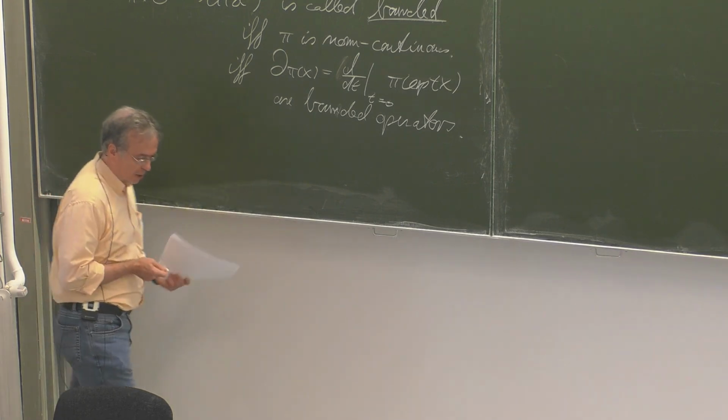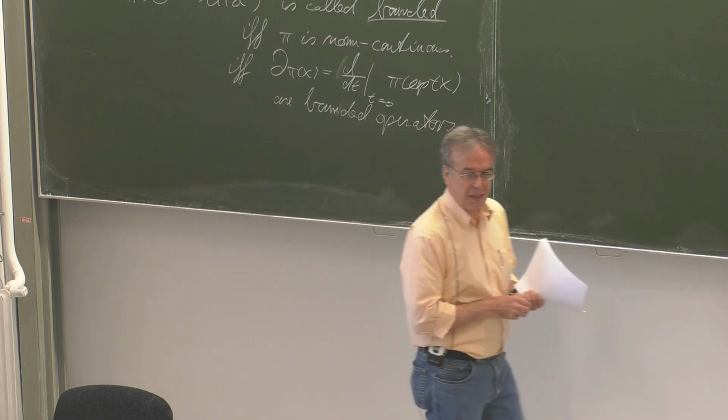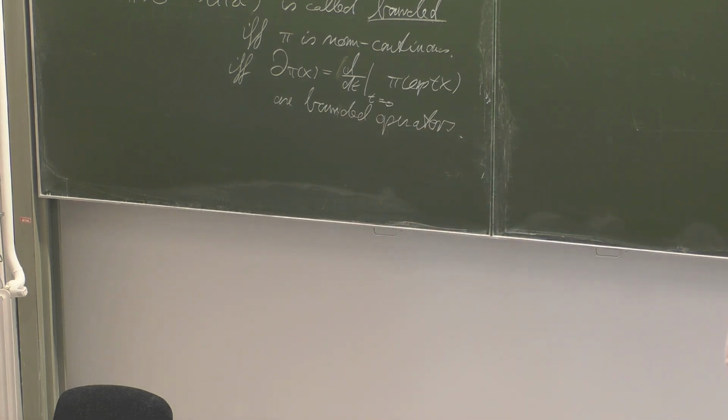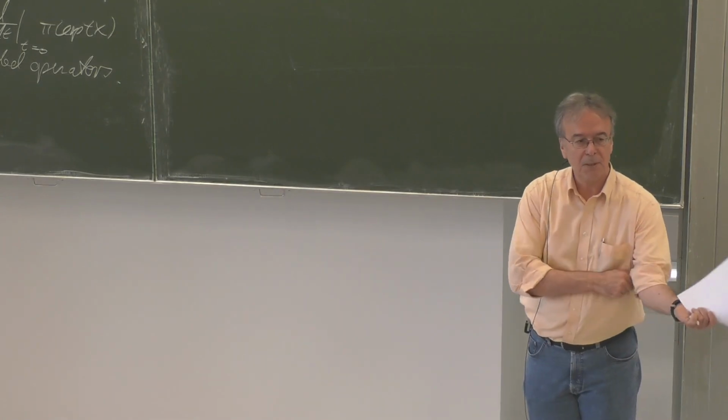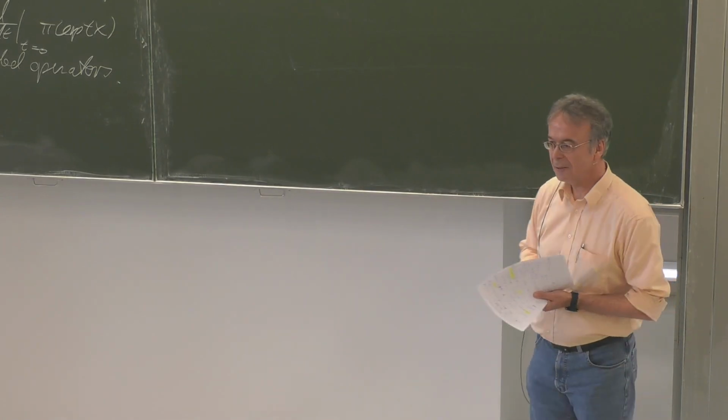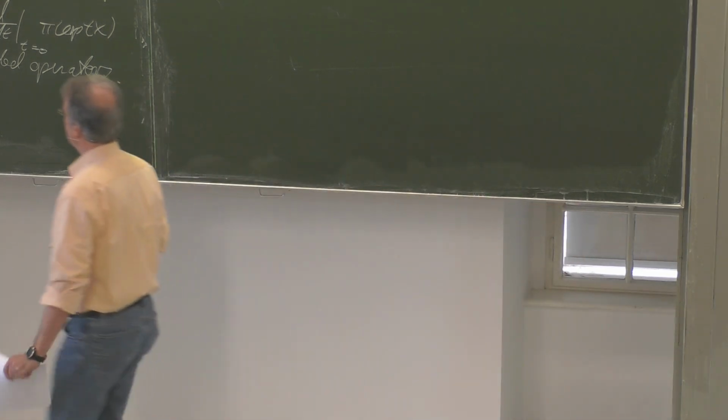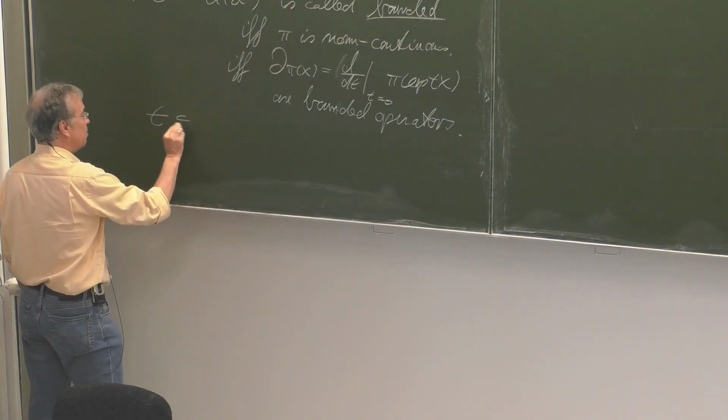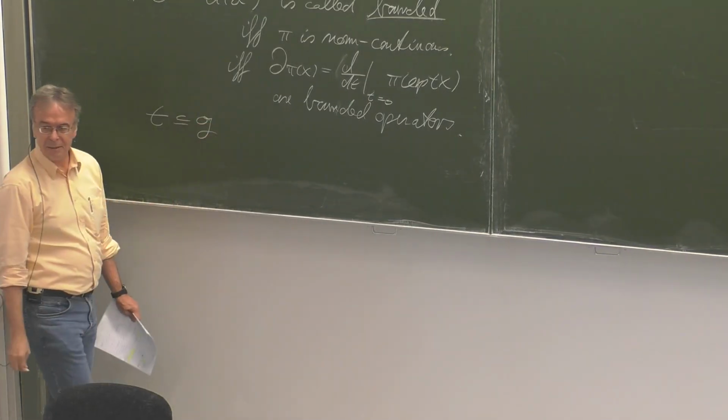Now, how can we analyze representations of this type? The model situation is compact groups. When you analyze representations of compact groups, you want a maximal torus. And it's easy to get one. For example, in the Lie algebra, you can look at a maximal abelian subalgebra.